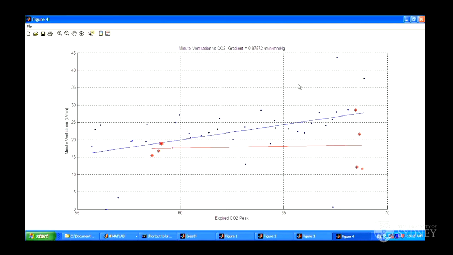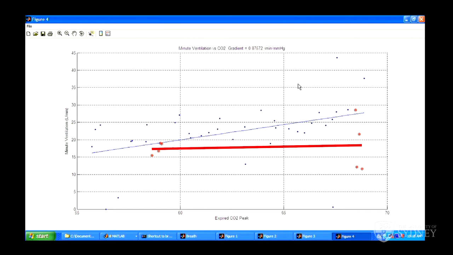What I want you to concentrate on, though, and it's more obvious over here, is to look at the ventilation that he got for the airways obstruction periods. It's obviously a lot less down here than normal.